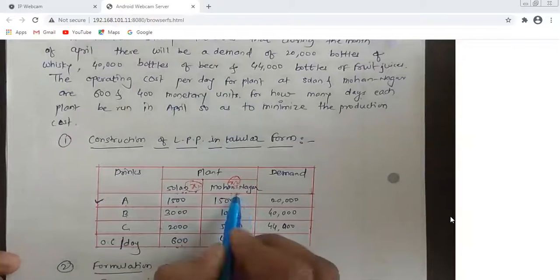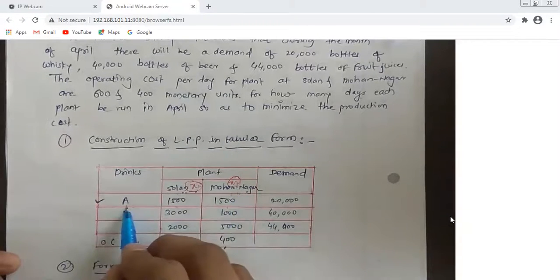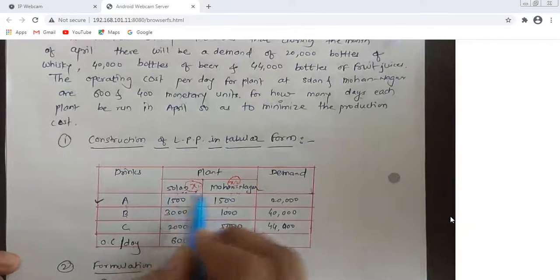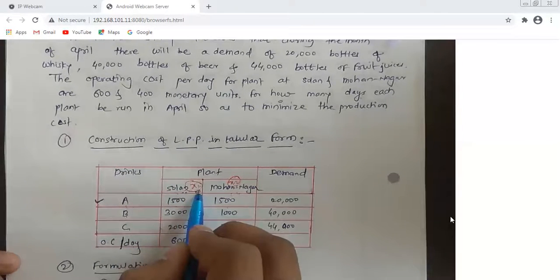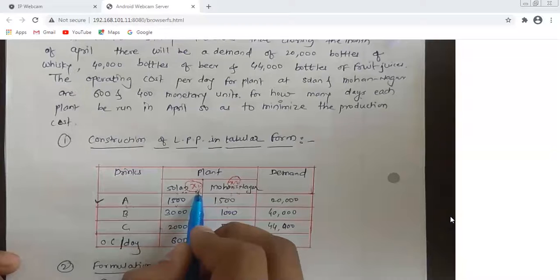Similarly, the Mohan Nagar plant will produce 1500 bottles of drink A. Okay, this is for 1 day. This is the production capacity of 1 day, but we know that the Solan plant will work for X1 days. So in X1 days, how many bottles of A will be produced by the Solan plant? That is 1500 into X1. Got it?